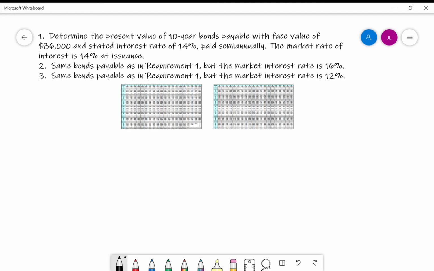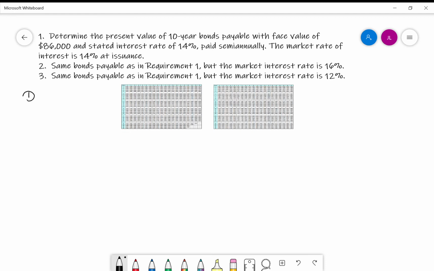So, first thing we have here, number one, says determine the present value of 10-year bonds payable with a face value of $86,000 and stated interest rate of 14% paid semi-annually. The market rate of interest is 14% at issuance. Well, in this case, when the interest rate on the bond and the market rate is the same, the issue price of the bond will be the same as the present value.